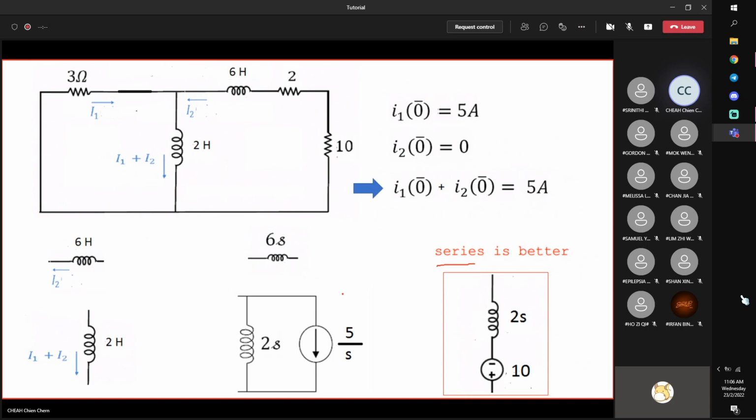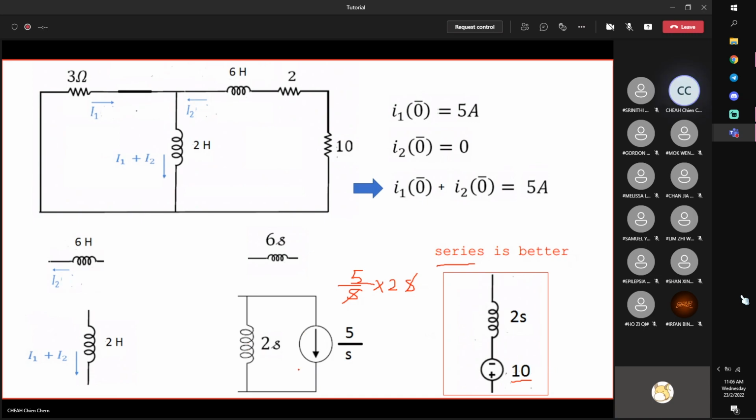V is equal to IR. The current I is 5 divided by S, times Z, 2S. Then you get 10.